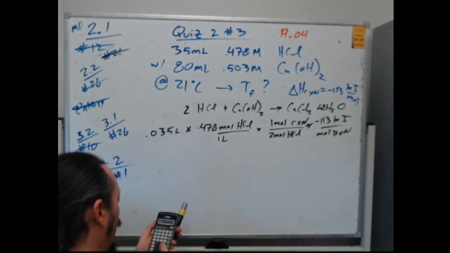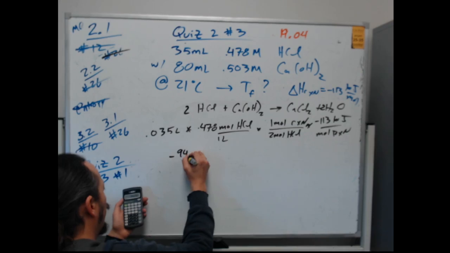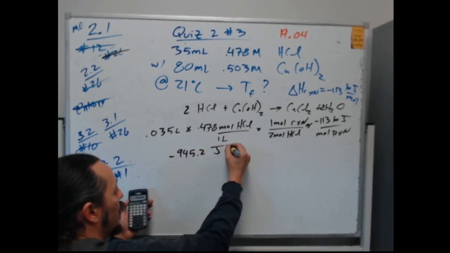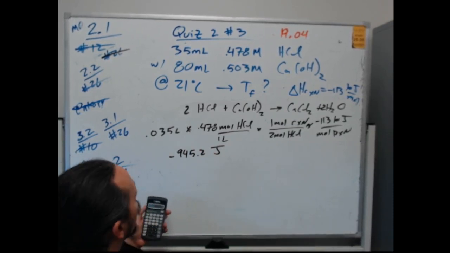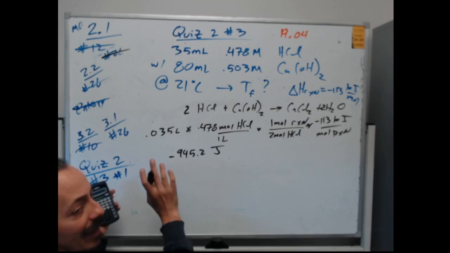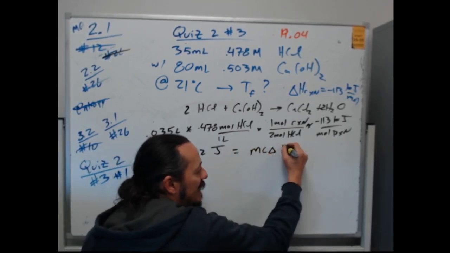I'm going to multiply by 1,000 as well. So I'm going to get negative 945.2 joules of energy. Does that sound familiar? I think so. Okay. Did you have it as negative? The negative's okay there. Then we're going to set that equal to MC delta T.